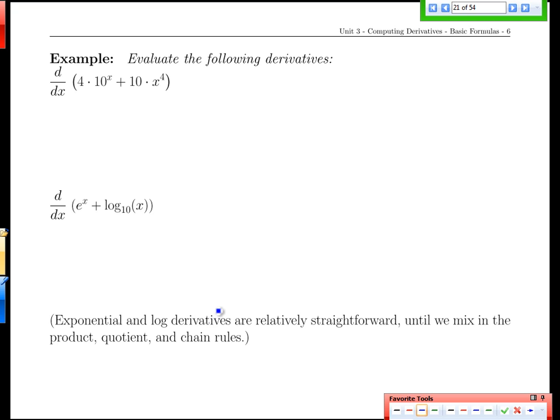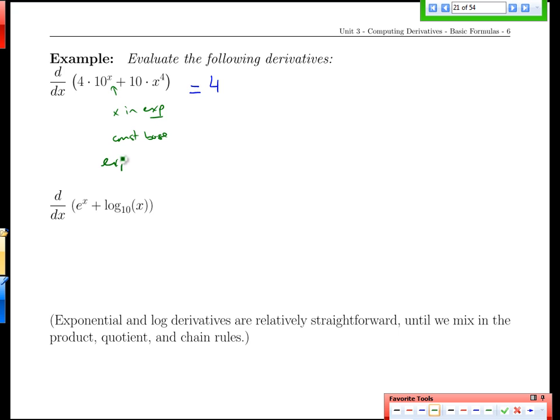All right. Again, a little bit of practice. Let's find the derivative of this combination here. So the derivative of 4 times anything will be 4. And here you have to notice where the x is. X in the exponent and a constant base.